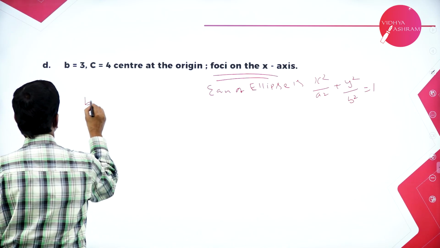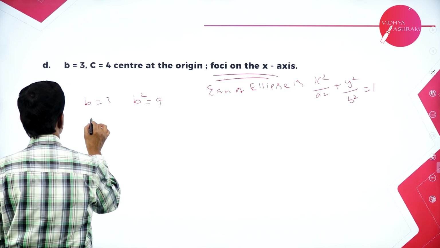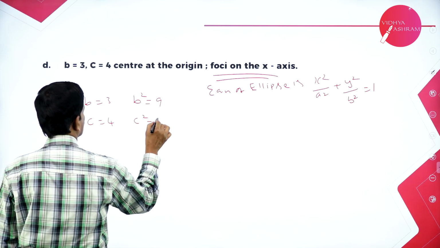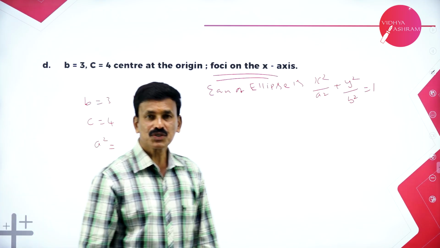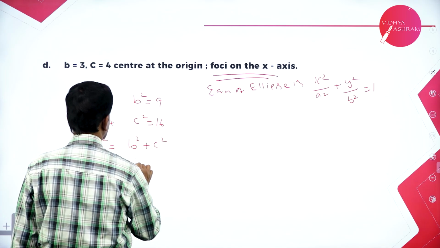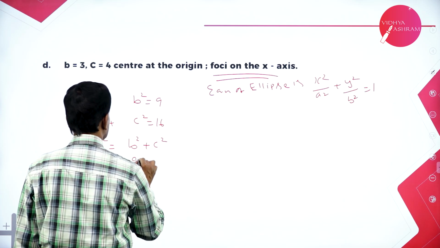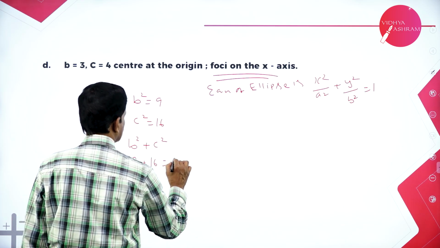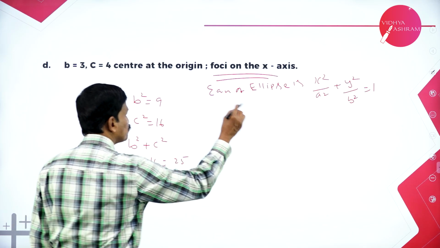Given b is equal to 3, b square is equal to 3 square, which is 9. c is equal to 4 means c square is equal to 16. Find out a square. Here a square is equal to b square plus c square, that is 9 plus 16, that's equal to 25. So a square is equal to 25.